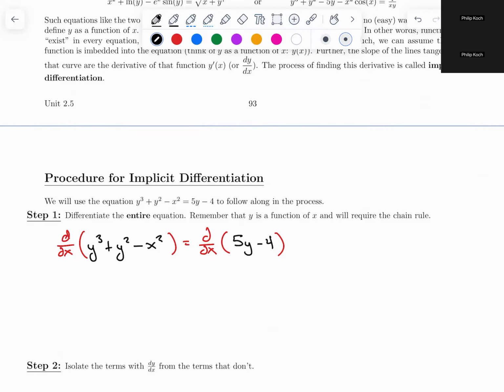And I'm going to write down what the answer is without explanation, and maybe you can see what happened. So it's going to be 3y squared dy dx plus 2y dy dx minus 2x equals 5 dy dx.